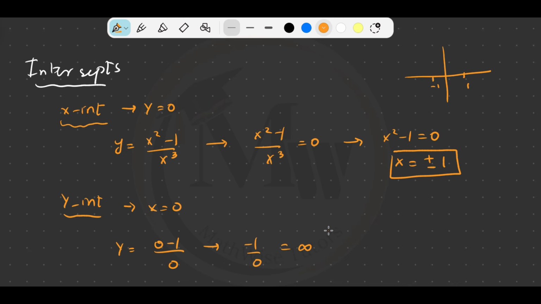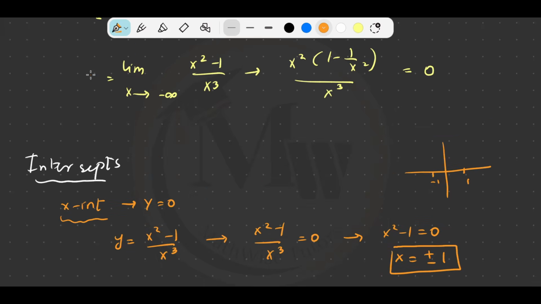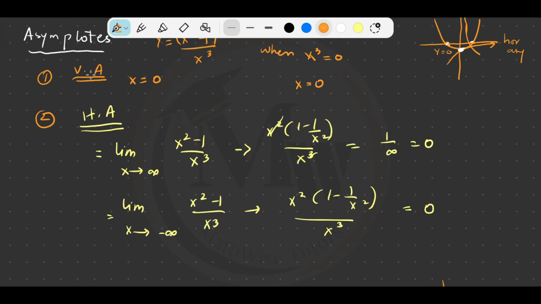It is not compulsory that every function has both intercepts. Some have only an x-intercept and some have only a y-intercept, just like this function. So two things are done: we have found the intercepts of the function and we have found the asymptote.